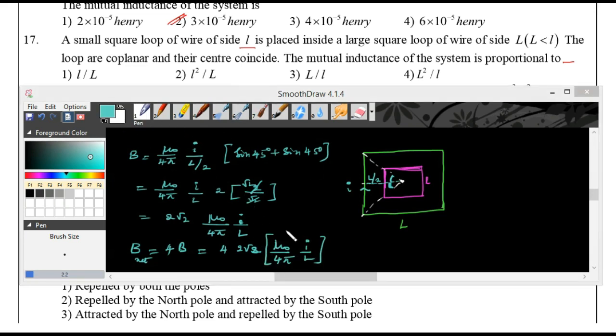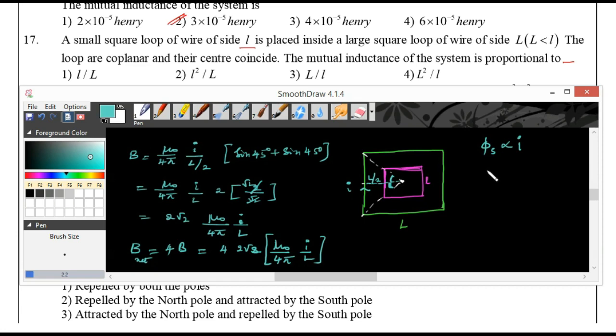Now, due to this magnetic field, we'll have flux in the smaller loop, small l. So the flux in the smaller loop is directly proportional to the current in the outer loop or bigger loop.